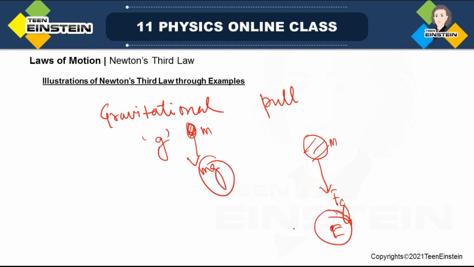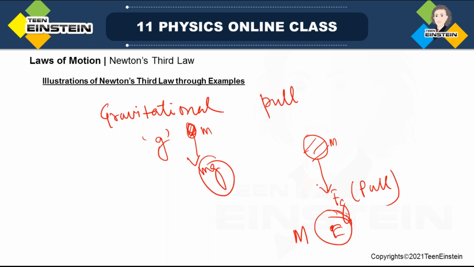So the question is whether in this case also there is action and reaction, even though these objects, the Earth and the stone, may not be in contact initially. See, there will be action and reaction both. In this case, gravitational pull is the action.